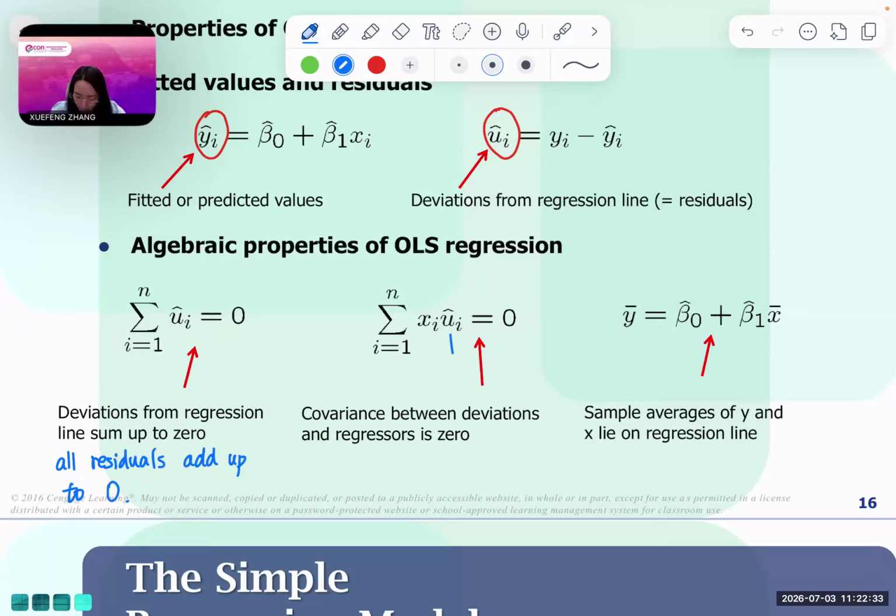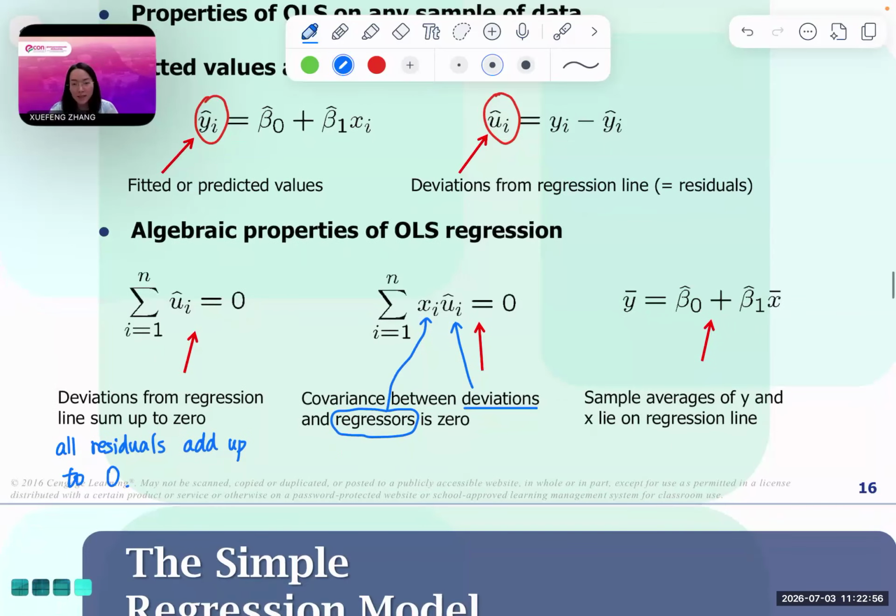This is the deviation, and x_i is our regressor. The covariance between deviations and regressors is 0.